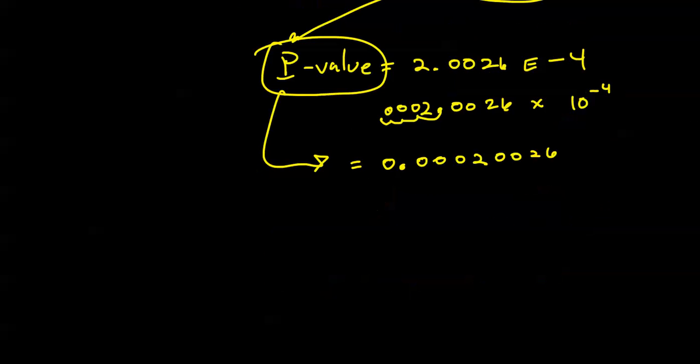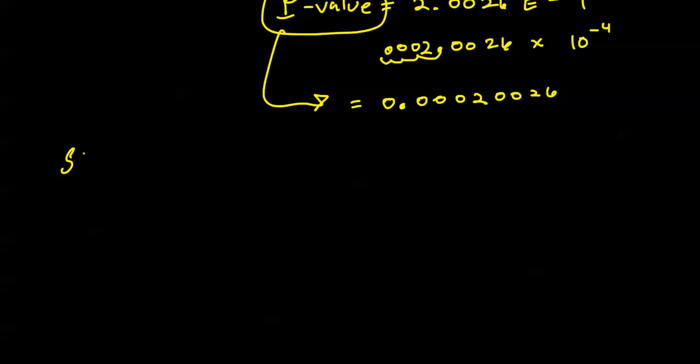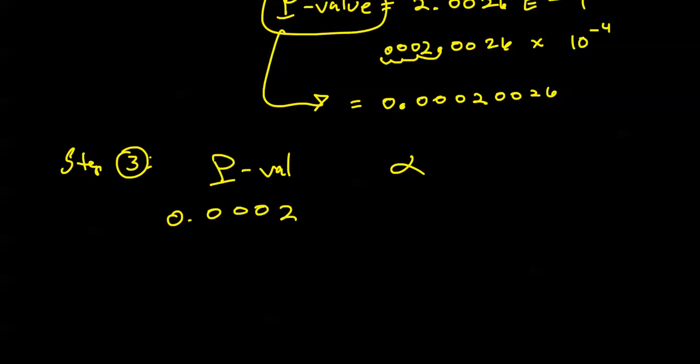There it is. Now step 3, we compare the p-value to the significance level. This will tell us how significant is my p-value, how extreme is my sample data results. Alright, the p-value, I'm going to round off to 0.0002.